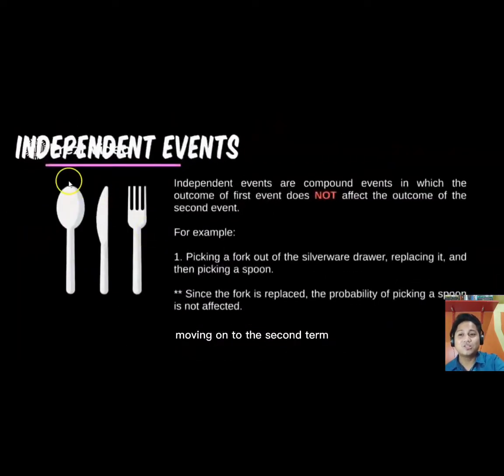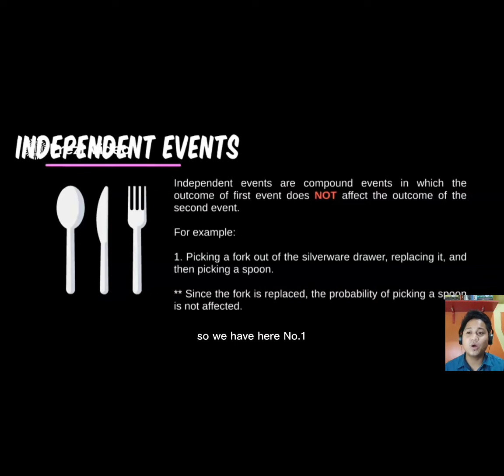Moving on to the second term, we have here independent events. So what are independent events? These are compound events in which the outcome of the first event doesn't affect the outcome of the second one. For example, I have here a fork, knife, and spoon.